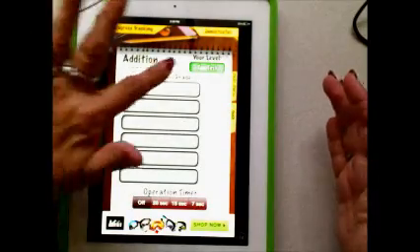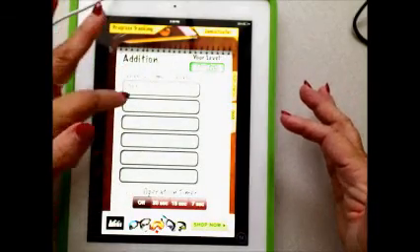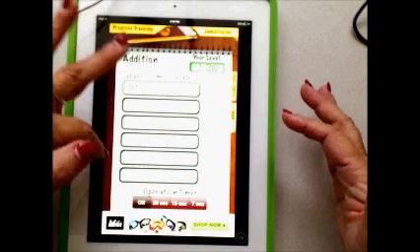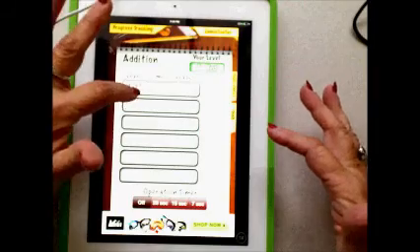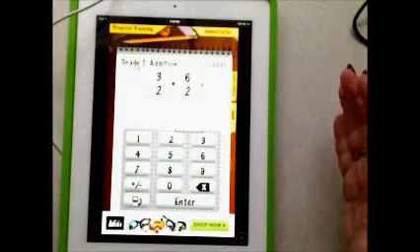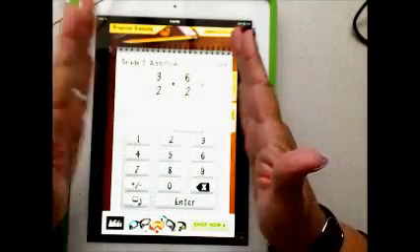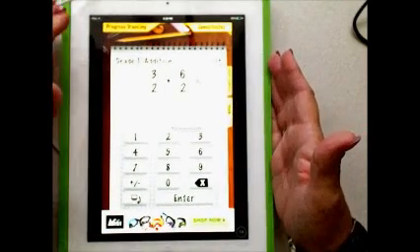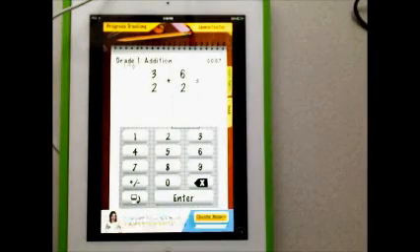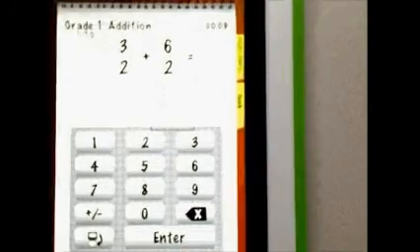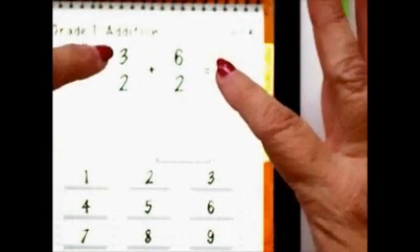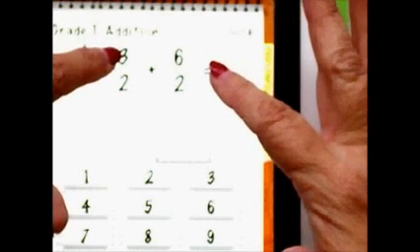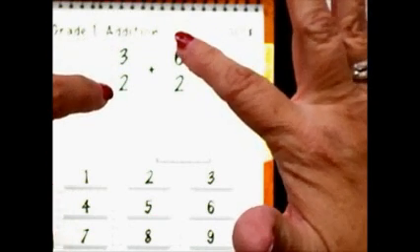Notice you can buy different levels if you want to purchase this, but again, that's money. This one is not. So if I click here, now this is practice for the student. This is addition. Let me zoom in a little bit so you can see that better. The student would have to understand that that's like 1.5 and that's like 3.